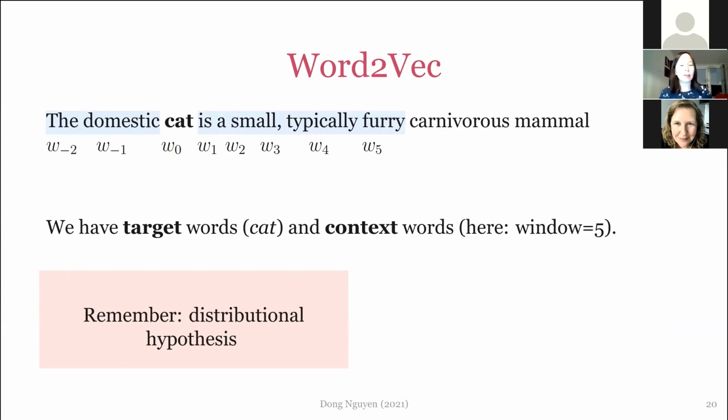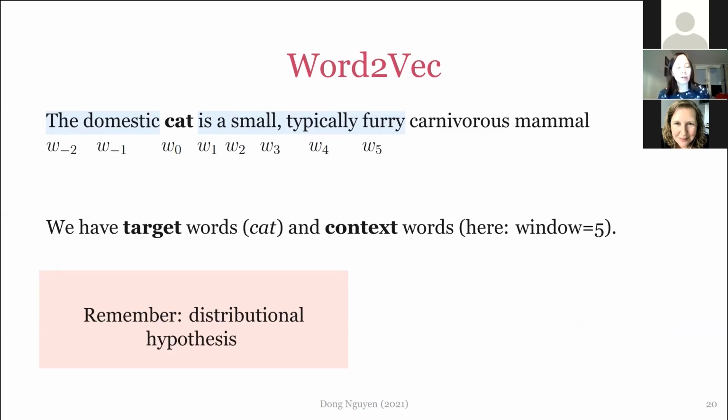So word2vec is a family of algorithms that's very popular and very influential. And it's very similar to what I just discussed, although the task setup is slightly different. Given a sentence, let's say, the domestic cat is a small, typically furry carnivorous mammal, we want to learn a word embedding for the word cat.